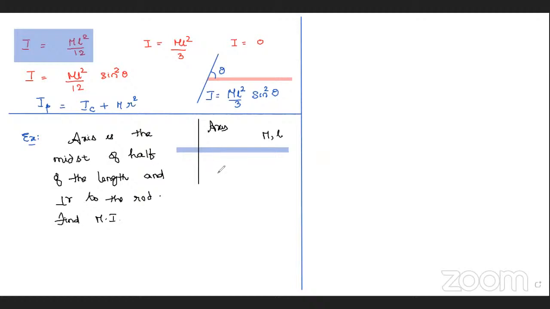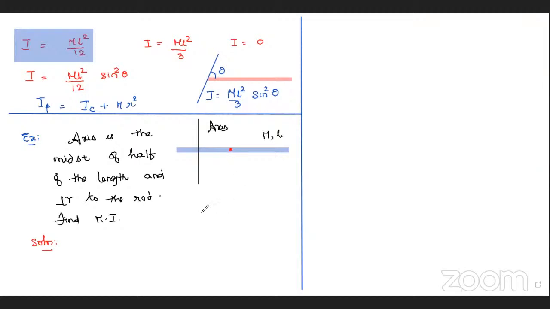Did you understand the question first? Anyone understood? Good, L by 4. L by 4 from where? Don't say from the left of the body. Better you measure everything from the center of the rod.